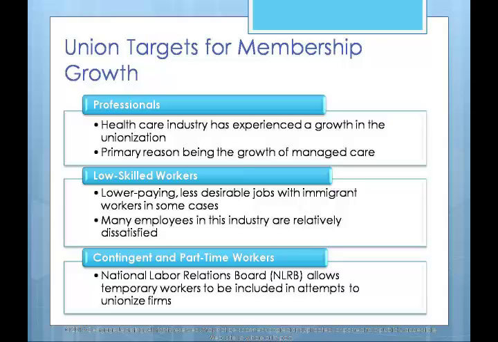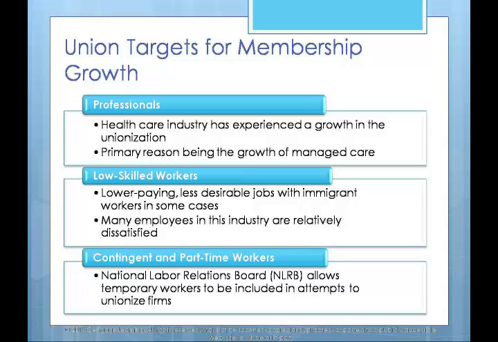And as I talked about, the low-skilled workers, lower paying, less desirable jobs with immigrants working, Taco Bell, Pizza Hut, restaurants, stores like Ross and TJ Maxx and those areas, Walmart. Many employees in these industries are relatively dissatisfied with their pay and their benefits.